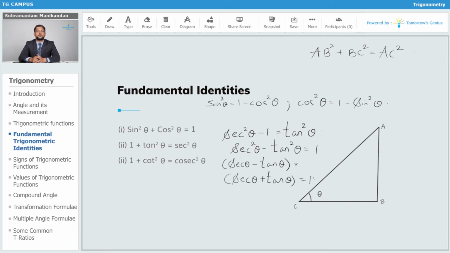Similarly, you will get the same results for the third identity, which is cosec square theta is equal to 1 plus cot square theta.